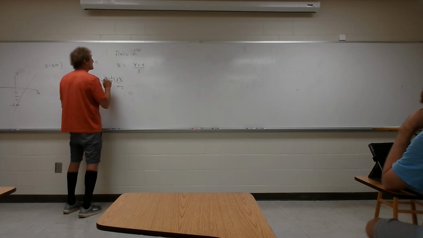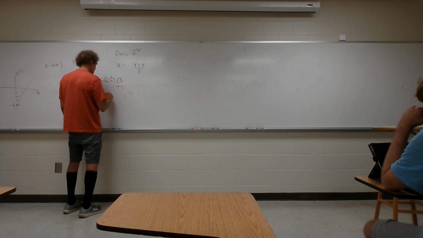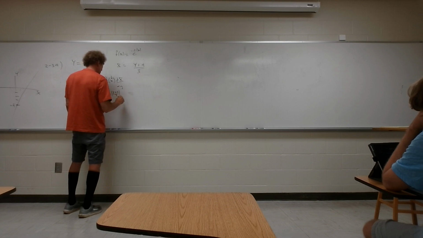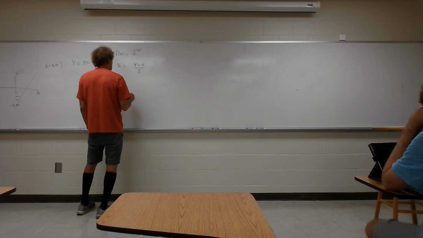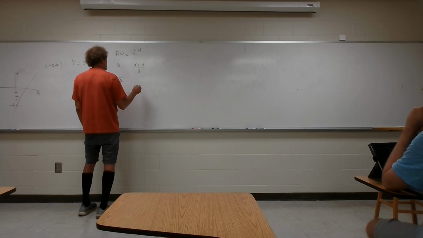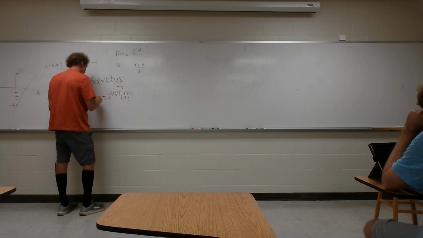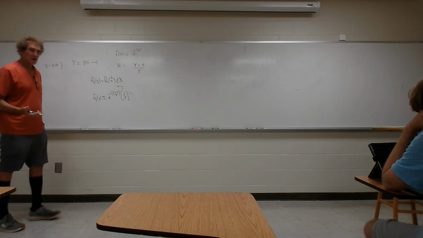So here, it's going to be e to the minus 2 times the magnitude of y plus 4 over 3, and the magnitude of dx dy is simply 1/3. That would be f y of y. First, does everybody agree with that?